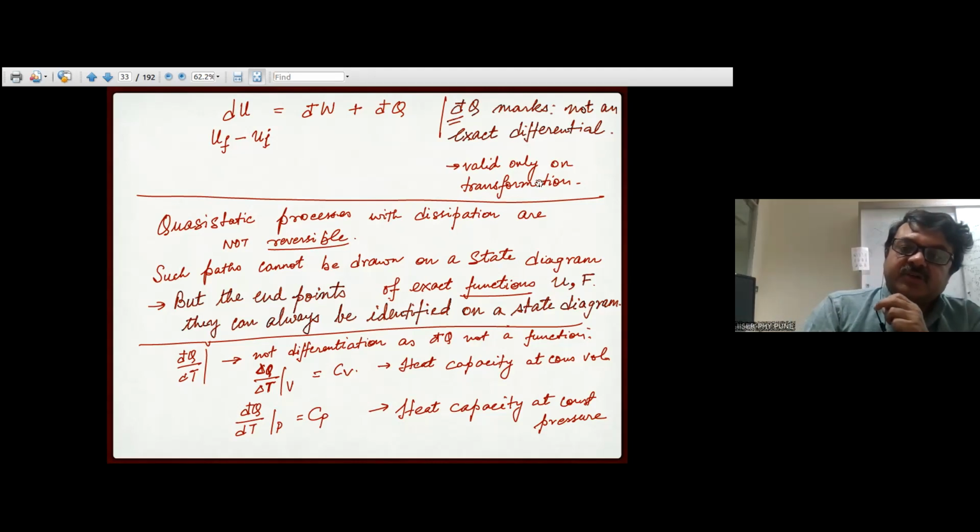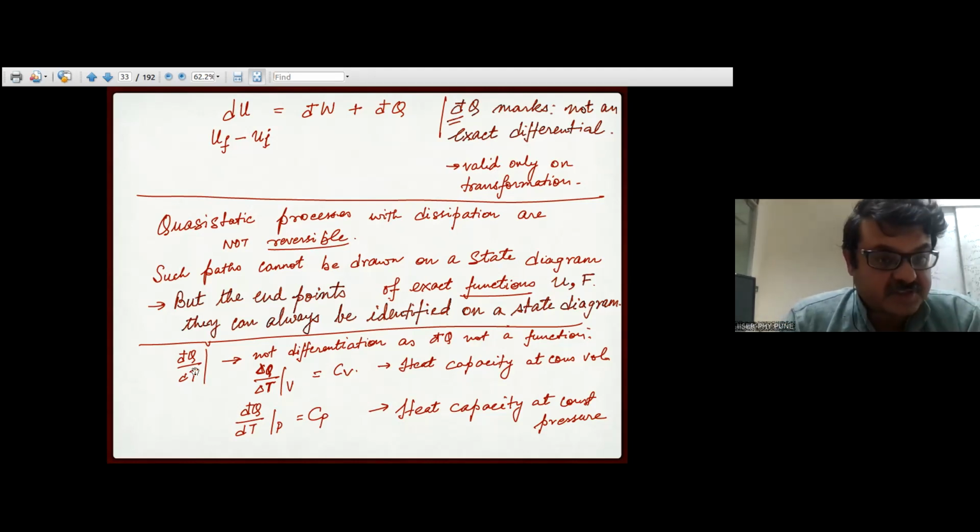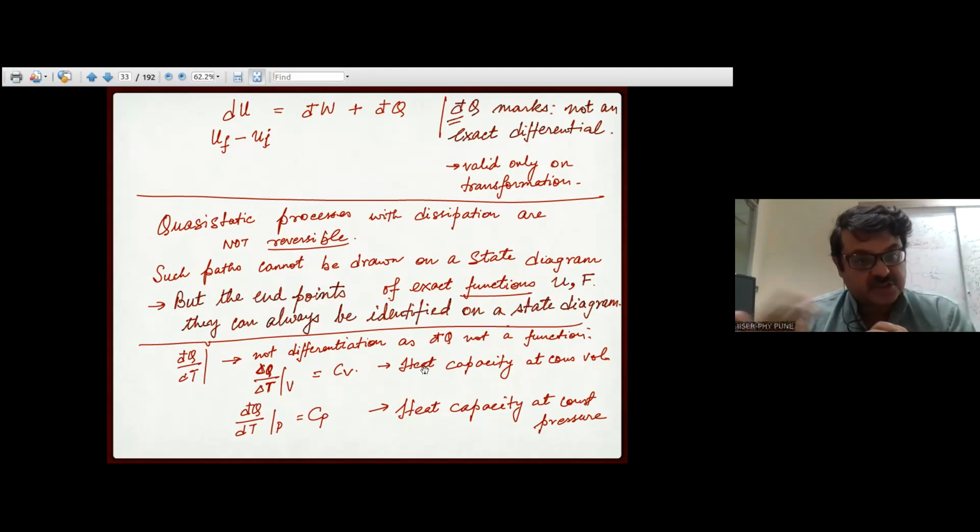So it's valid only on transformation. It's not a state function that you can differentiate. So we write it like this, that if we change temperature, how much heat is absorbed or released, but it's not a differentiation. dQ is not a function. Q is not a function of T.